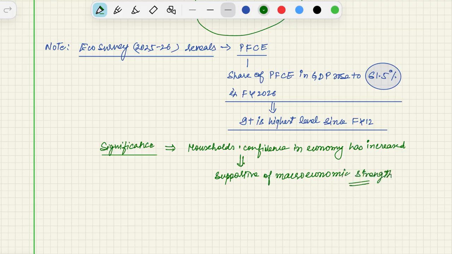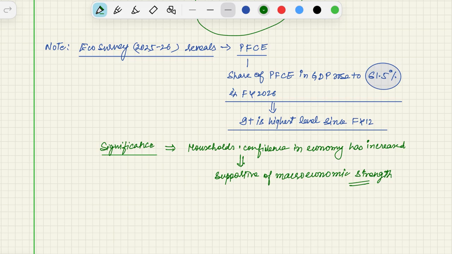So this year the Economic Survey 2025-26 reveals the share of PFCE has gone high, and that is why it is supportive of macroeconomic strength, because household confidence in the Indian economy has increased.